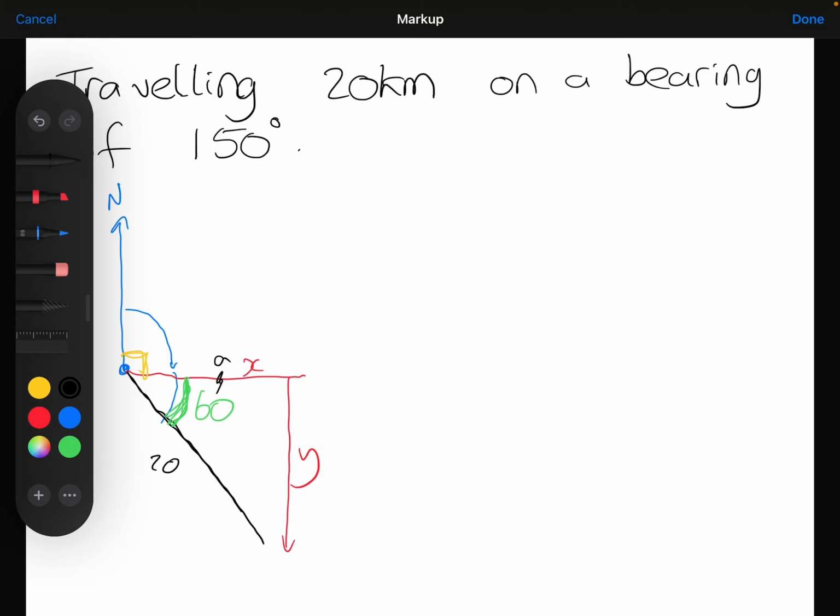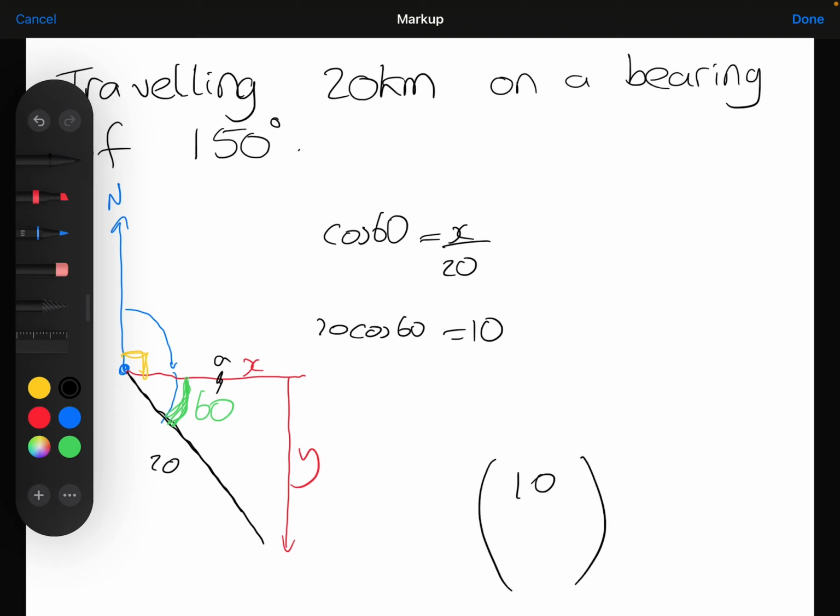It's next to that 60 degrees. So I could say cos 60 equals x over 20. So 20 times cos 60 is going to be 10. So my x is 10.